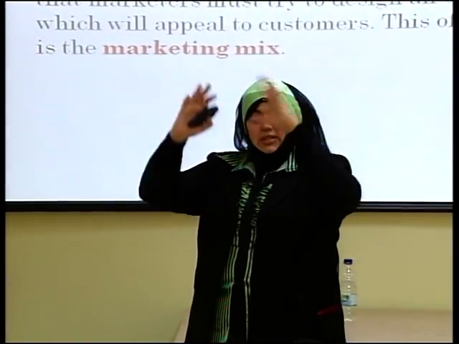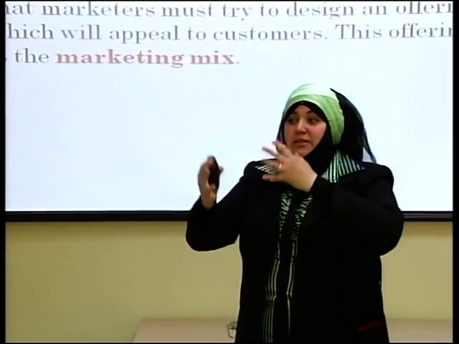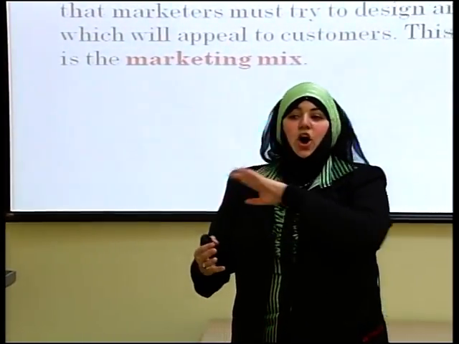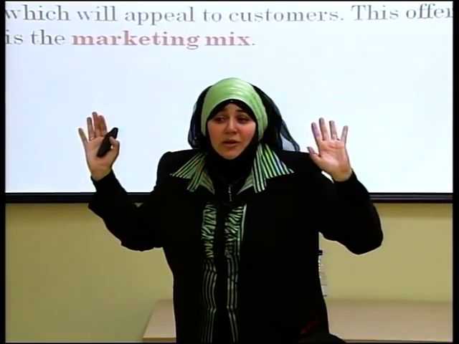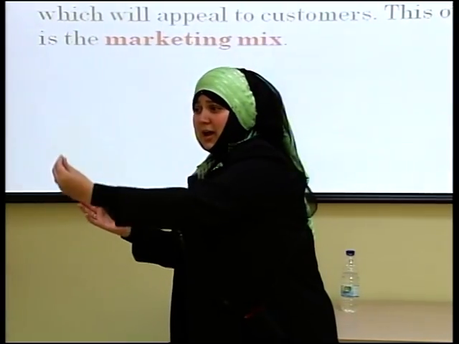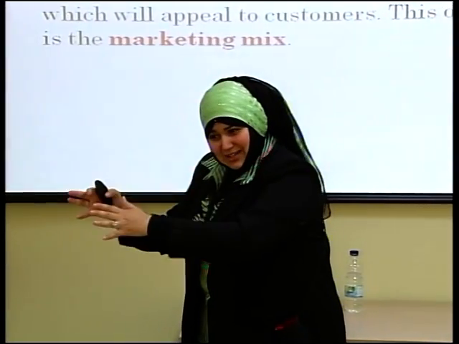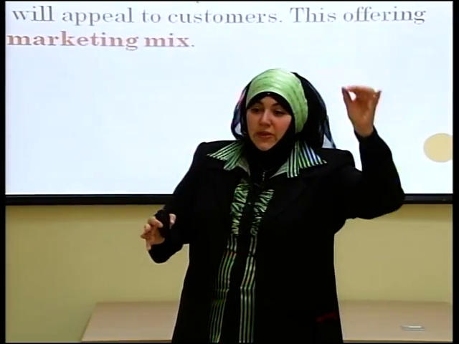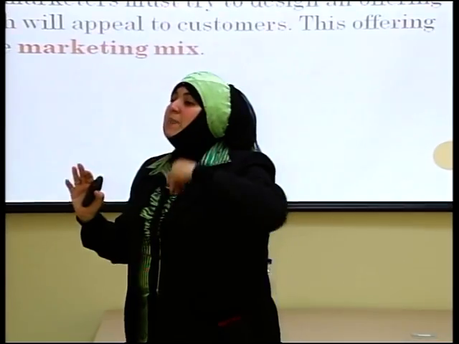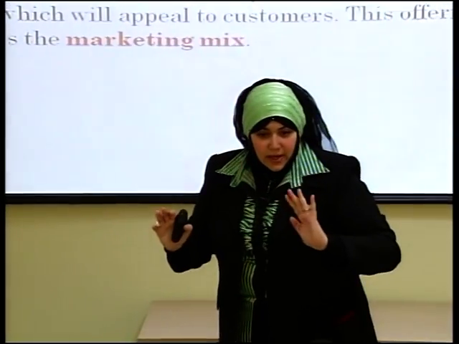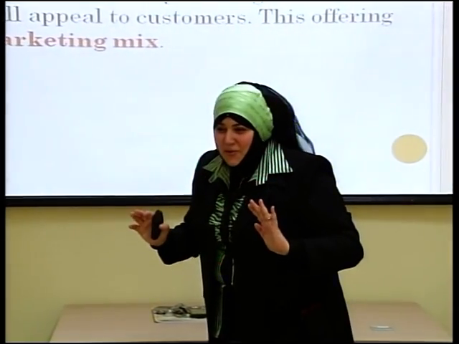So the interaction of these 4 elements is what we call an offering. This is what you offer to any customer. You offer him or her a product at a specific price through specific channels, and encourage them to get the product by using some promotional tools or techniques.